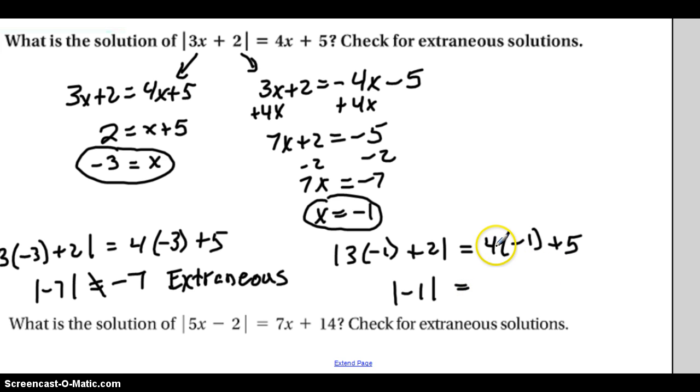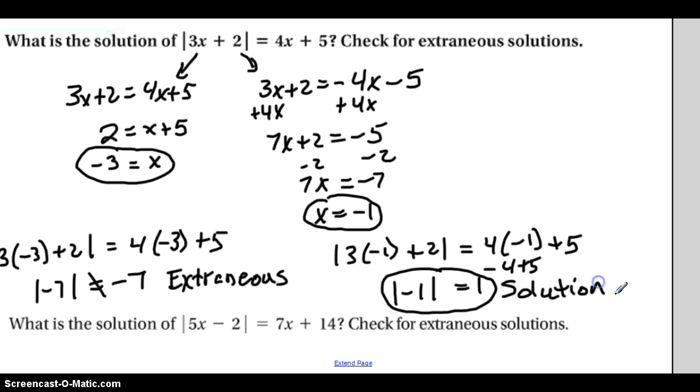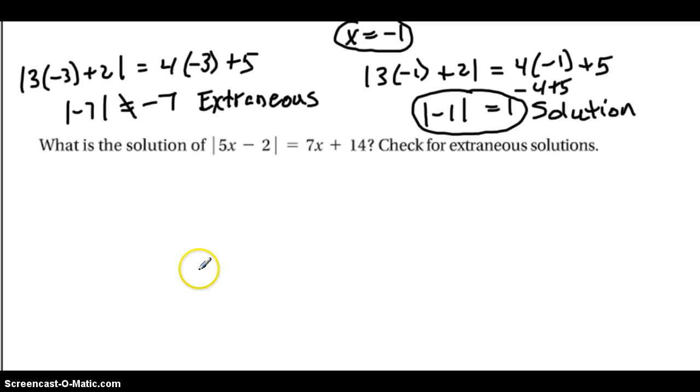And we're going to have -4 plus 5, and that's going to equal 1. And sure enough, the absolute value of negative 1 does equal 1, and that is one of our actual true solutions. Now you get the joyous task of trying this one here on your own in your Cornell notes.